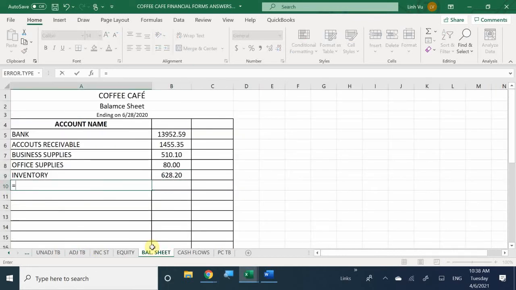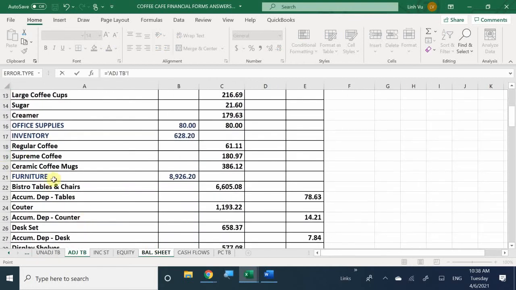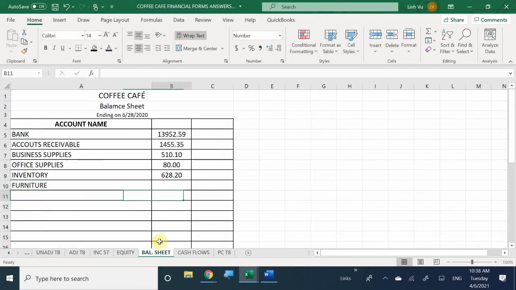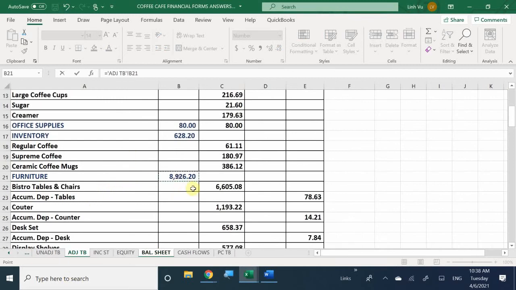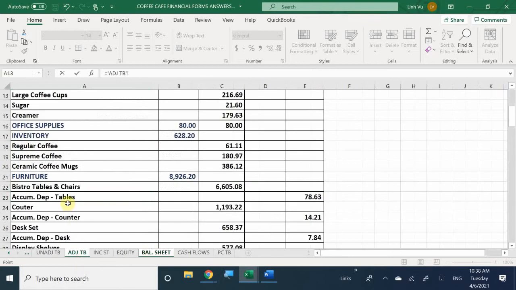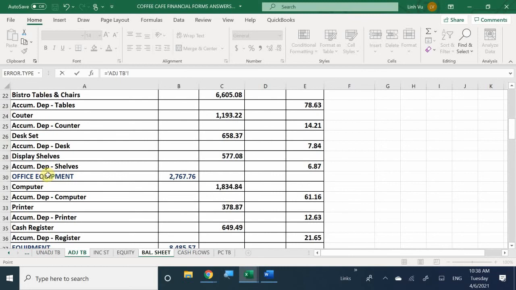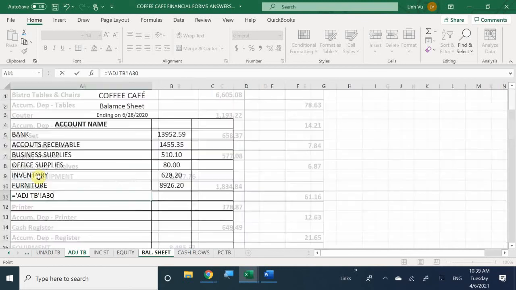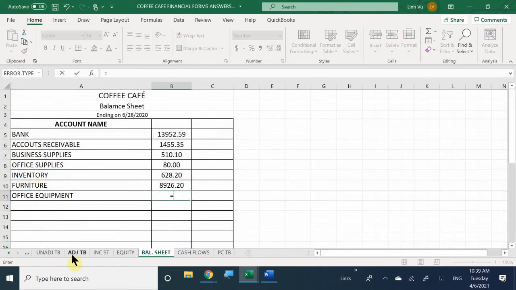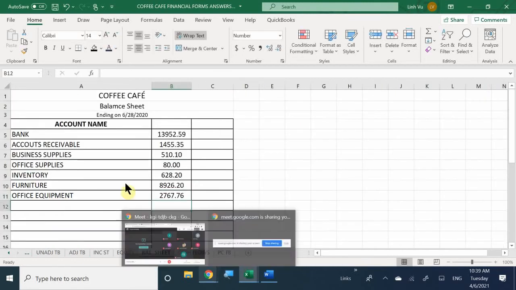Furniture, for $8,926. Office equipment, for the total amount of $2,767.76.